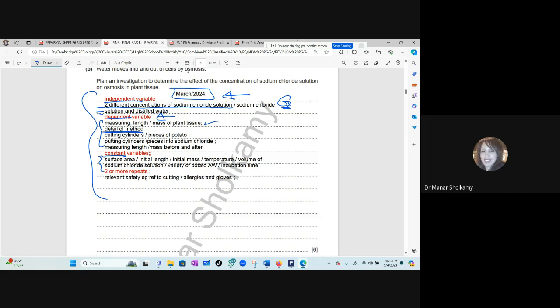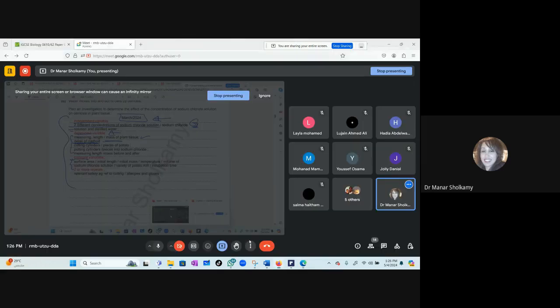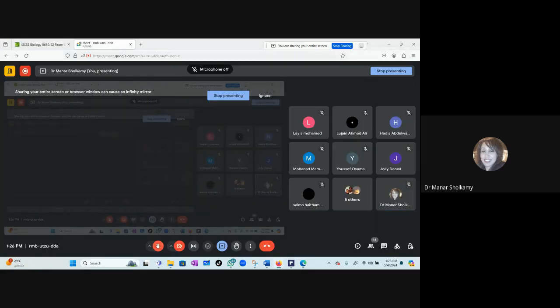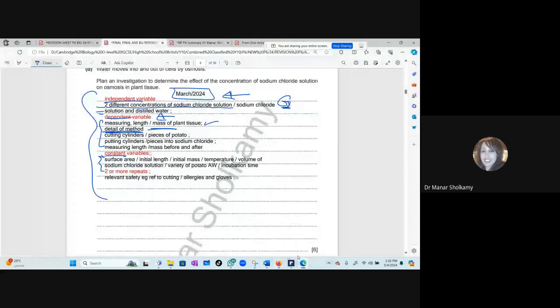Detail of method. You have to exactly explain how you will measure the dependent variable.